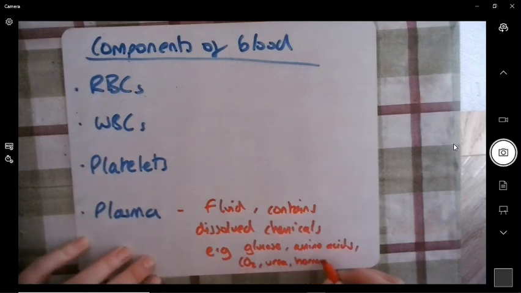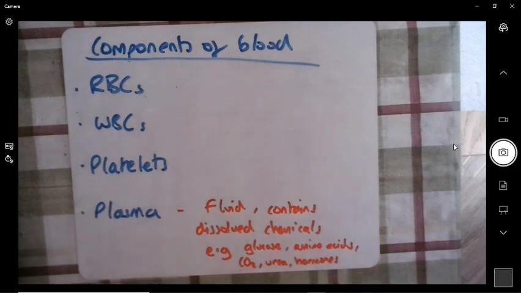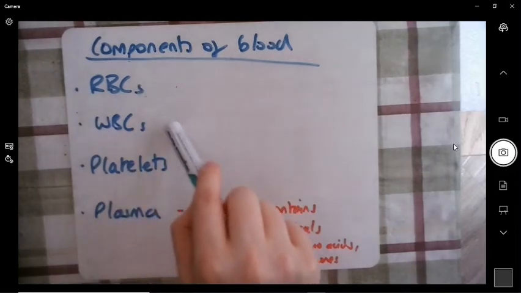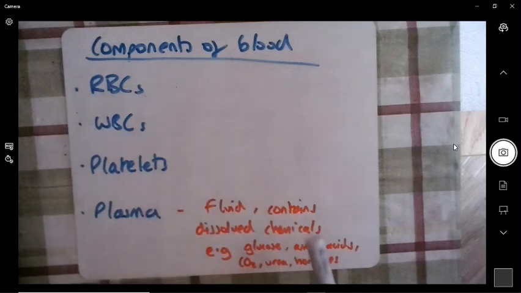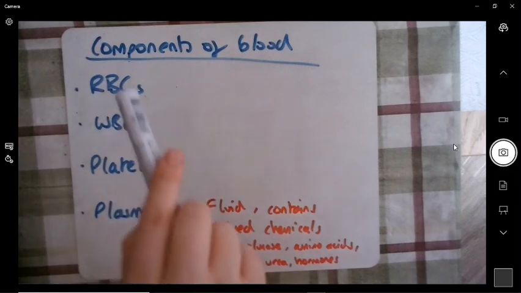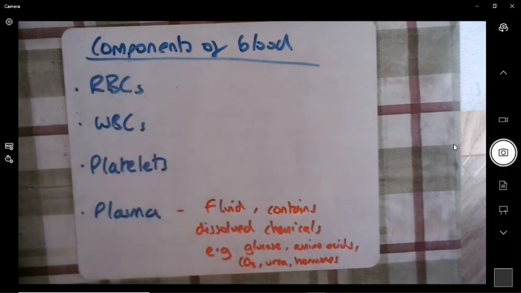Hormones travel in the blood. Antibodies from the immune system travel dissolved in that blood plasma. Now these 3, these are large components. They won't be dissolved in the plasma, they're too big, but they will be floating. We would call it a suspension, and these would be the large things floating within that suspension.